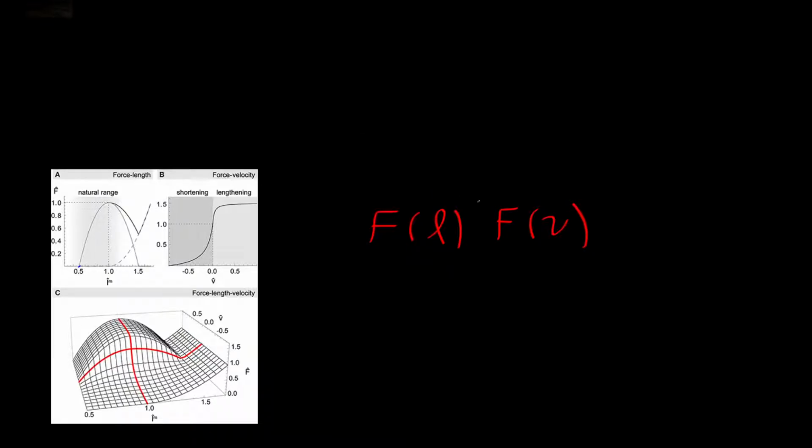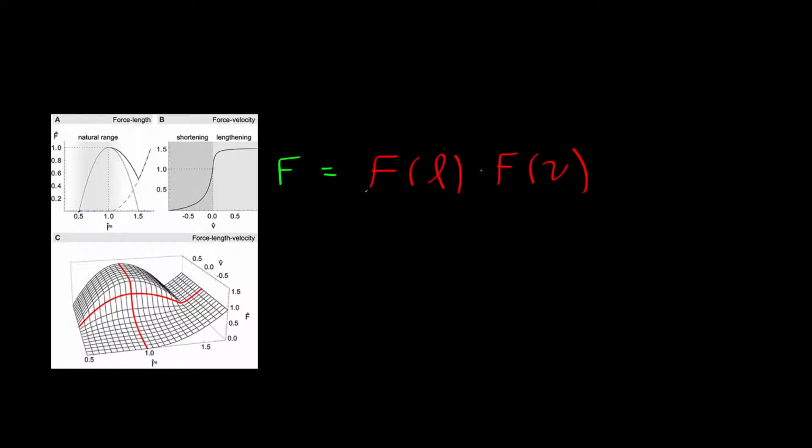I'm just saying what you can do to find out what the muscle force is: multiply these two together. So whatever the value of the force-length curve is, multiplied by whatever the value of the force-velocity curve is, and this is why this is so great. Suppose we want to take muscle activation into account as well. When we were saying we can just scale them up or scale them down, that is easily incorporated here as well.